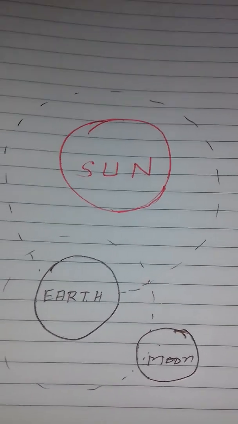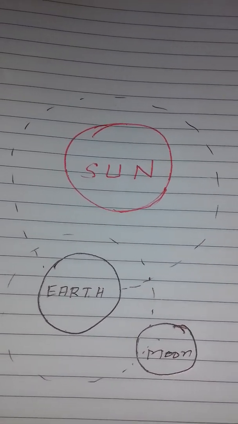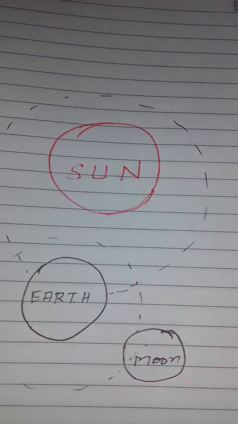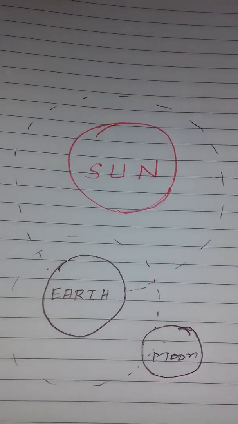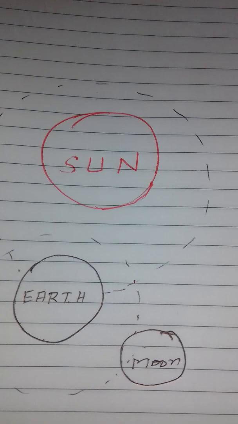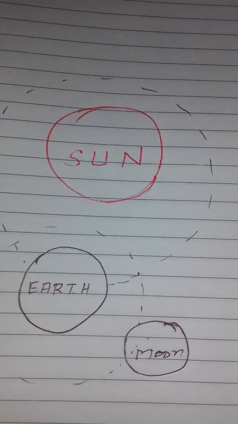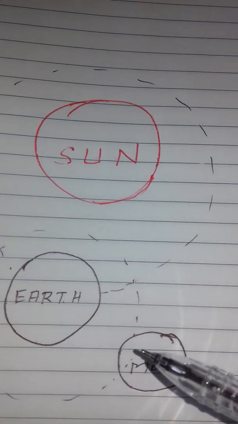Sometimes when we see from the earth, it seems that the moon is looking as big as the sun, but this is not the case. The moon is smaller than the sun. It looks large because it is much closer to the earth.